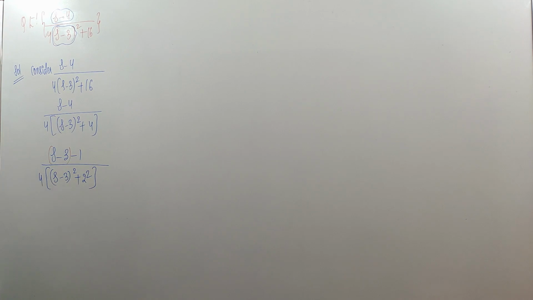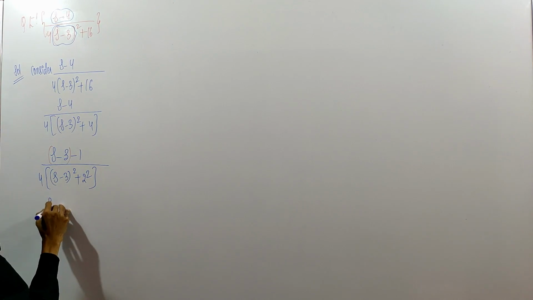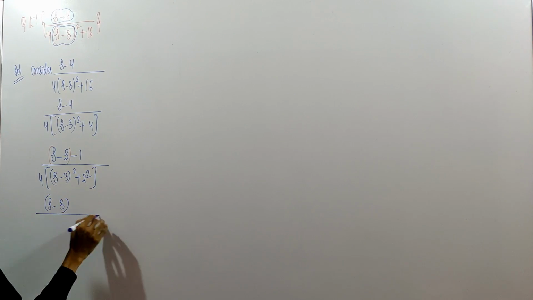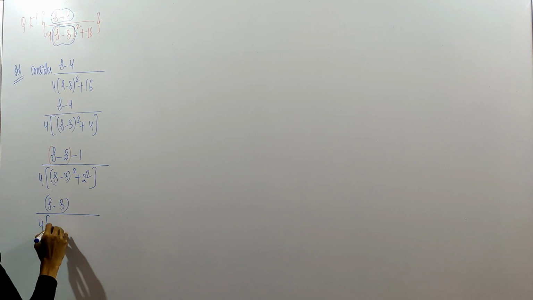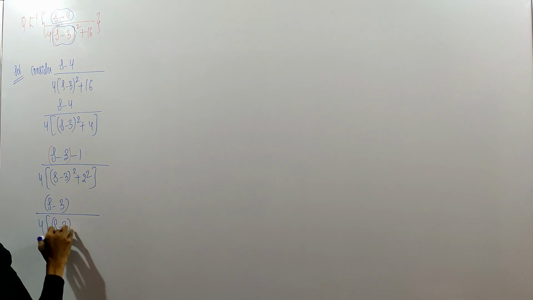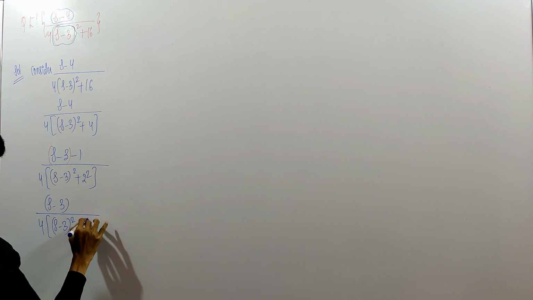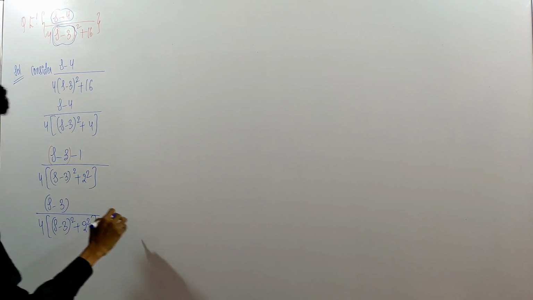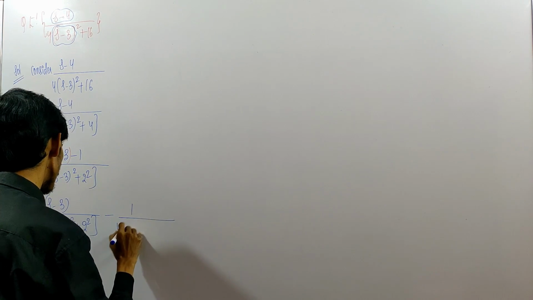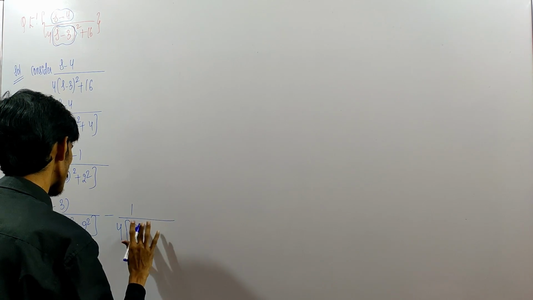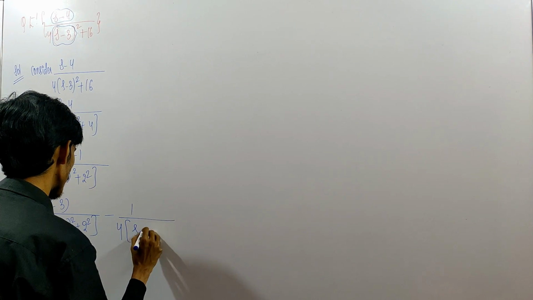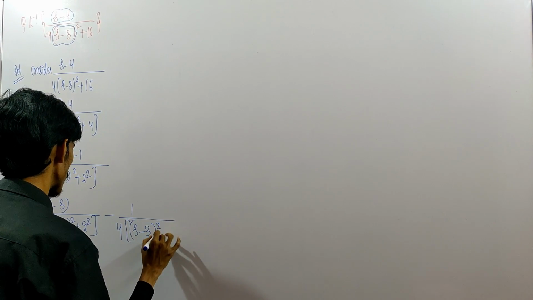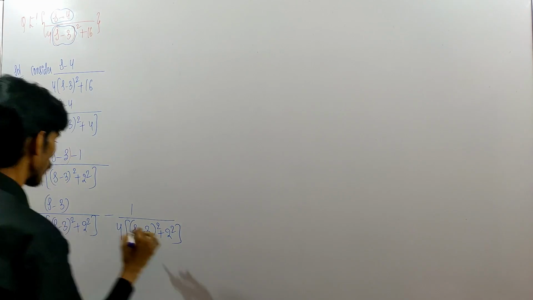Now separate the numerator: we have (s minus 3) divided by 4 into ((s minus 3) square plus 2 square), and similarly minus 1 divided by 4 into ((s minus 3) square plus 2 square).